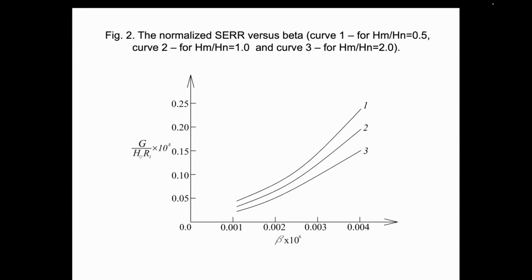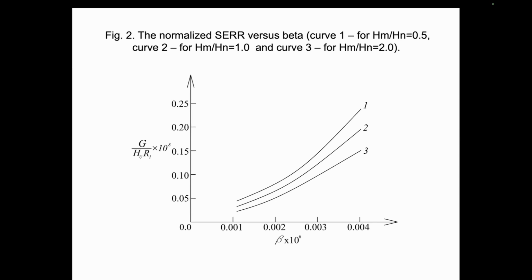Figure number 2 shows how the normalized strain energy release rate varies when the value of the parameter beta of the angle of twist grows.